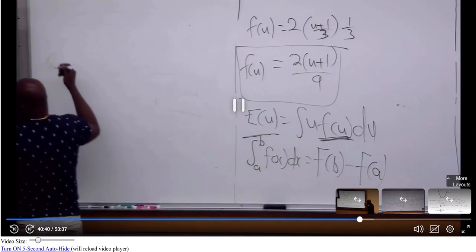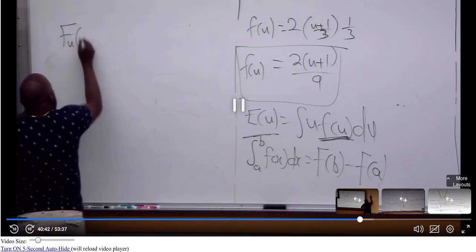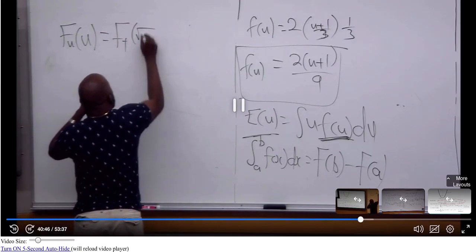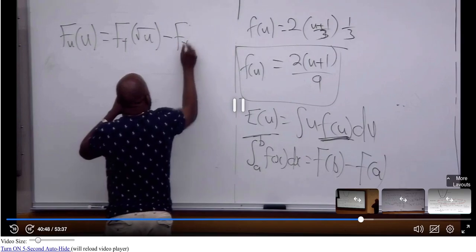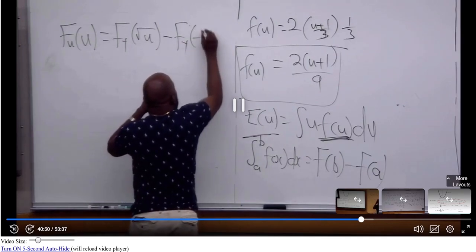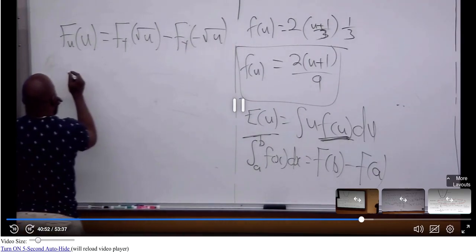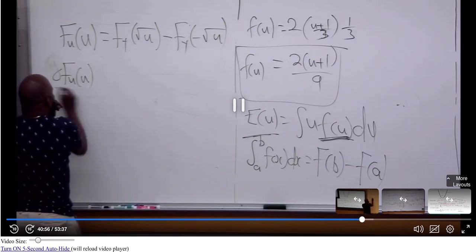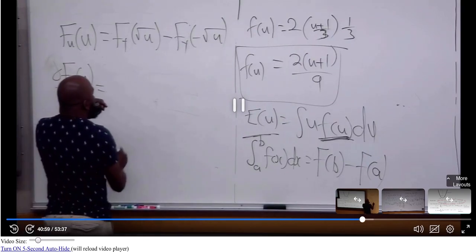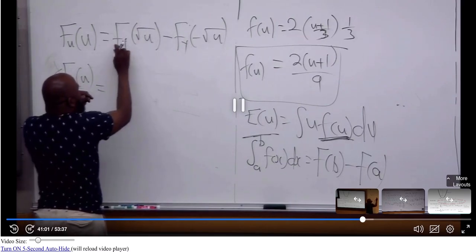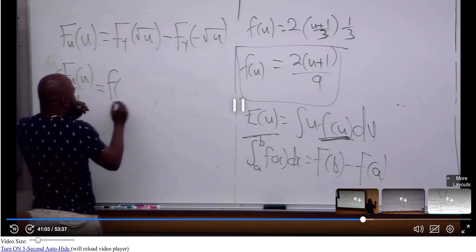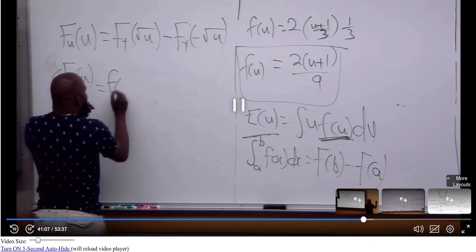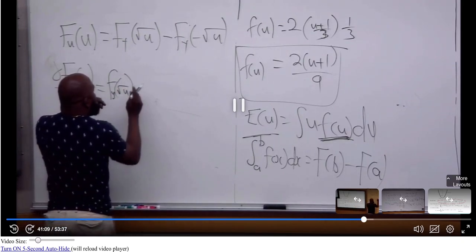Now if you take a look at that, I got this equal to F of square root of u minus F of negative square root of u. Now I want to differentiate this with respect to u. This is going to be small f of that.